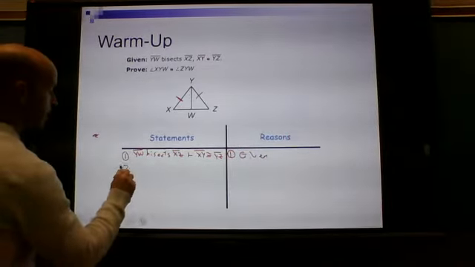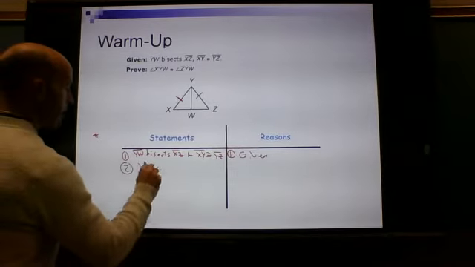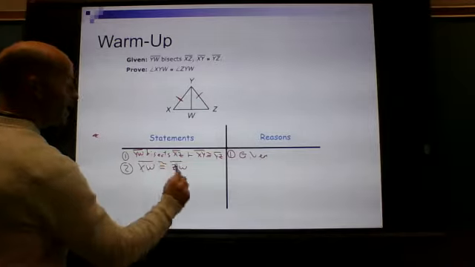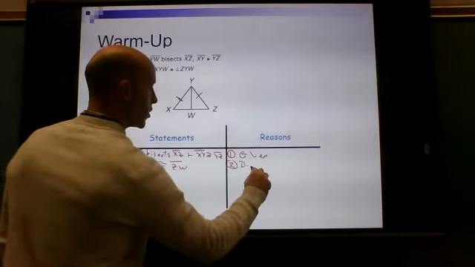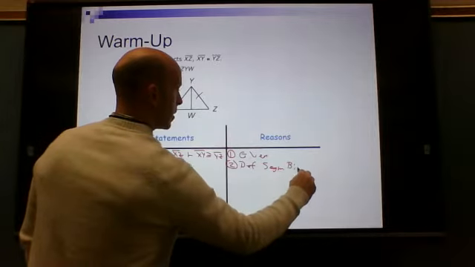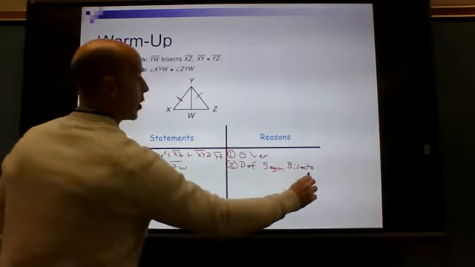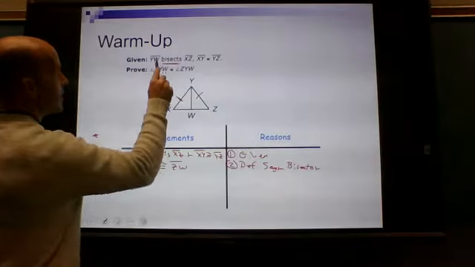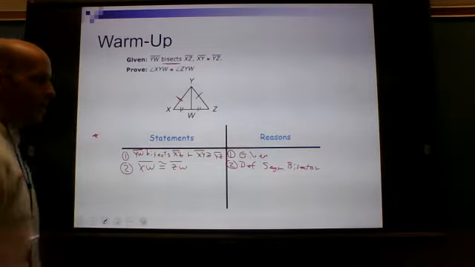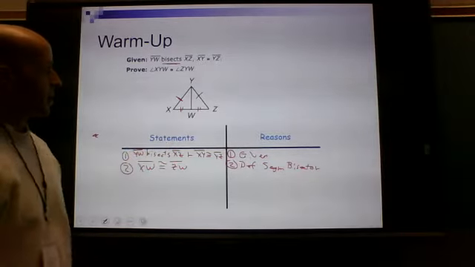That's exactly right. So step 2 is XW is congruent to ZW, and that's going to be by the definition of segment bisector. We were told that this segment bisects this segment, so that means that W is a midpoint, therefore that segment's congruent to that segment.